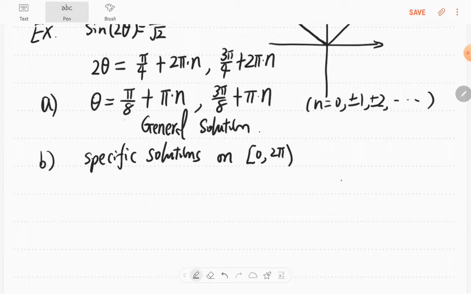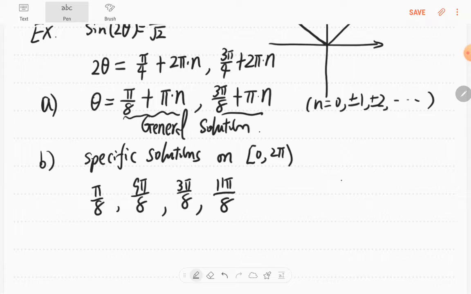So for this part, we can take n equals 0, so this is pi over 8. n equals 1, so this is 9 pi over 8, sorry. And if n equals 2, then it exceeds 2 pi. For this part, n equals 0, so it would be 3 pi over 8. n equals 1 would be 11 pi over 8. Okay, so you have 4 solutions.